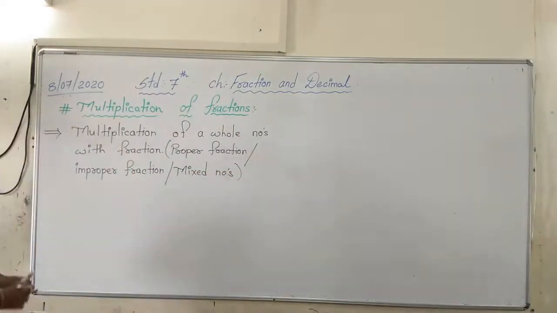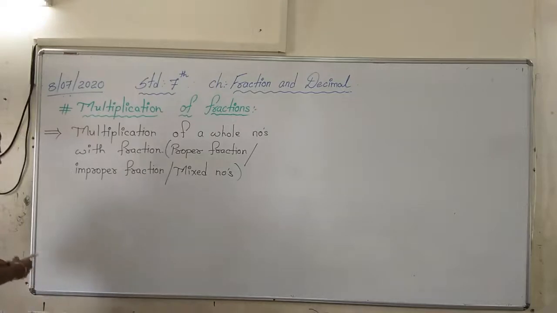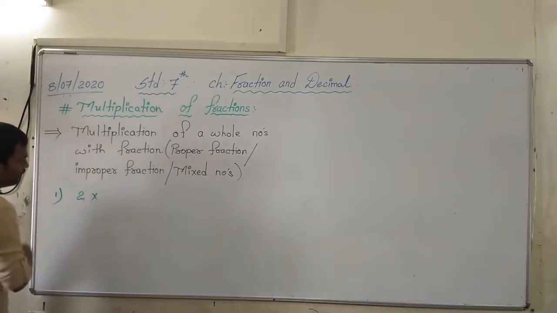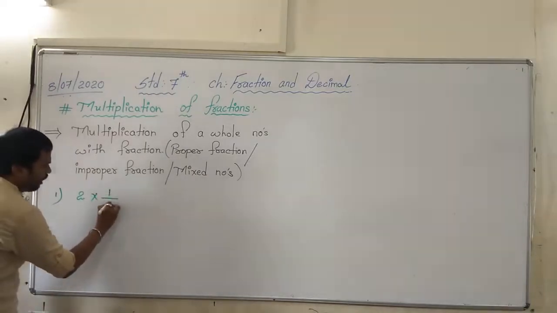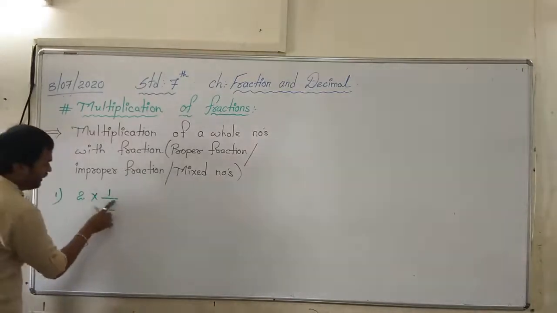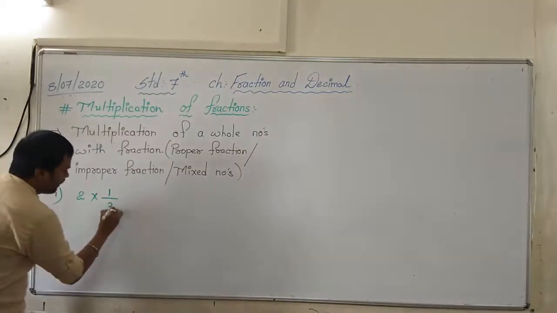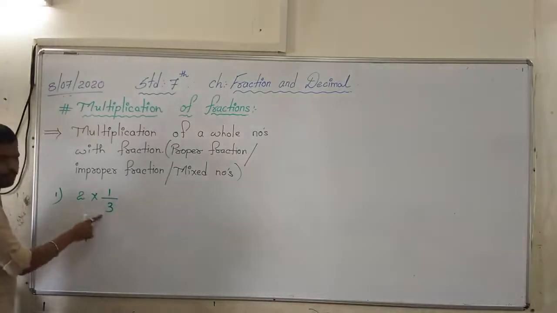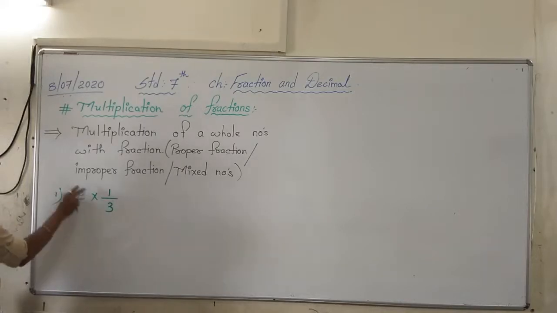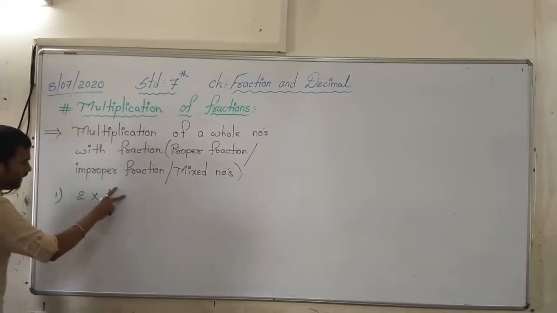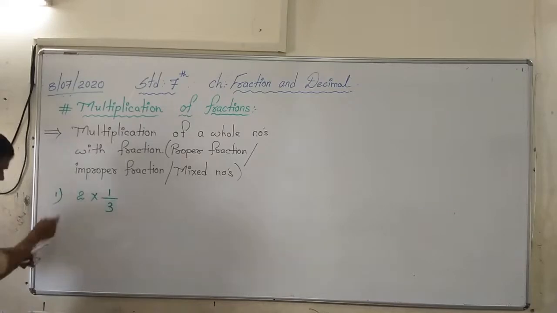Multiplication is very easy, right? Let's see the first one. If I consider any whole number, suppose 2, that whole number I am going to multiply with a proper fraction, 1 upon 3. It is a proper fraction since the denominator is greater. Whenever you come across a whole number and a fraction, try to convert the whole number into a fraction by considering 2 upon 1.